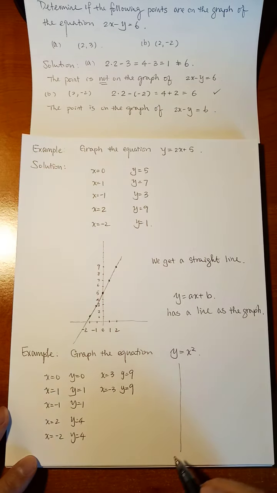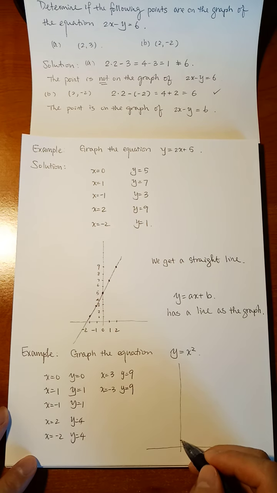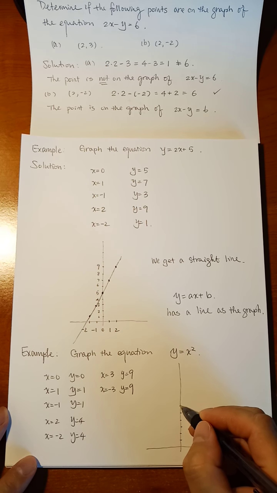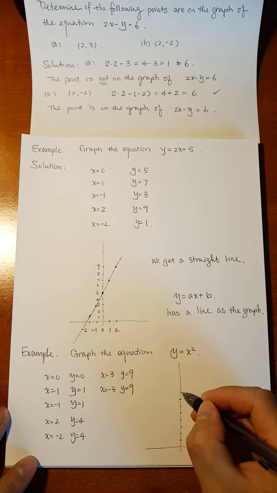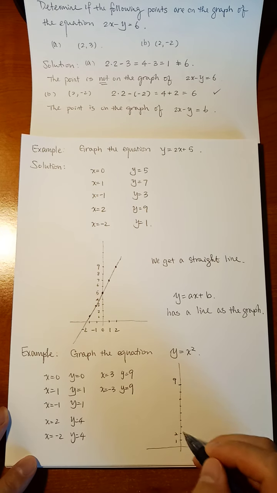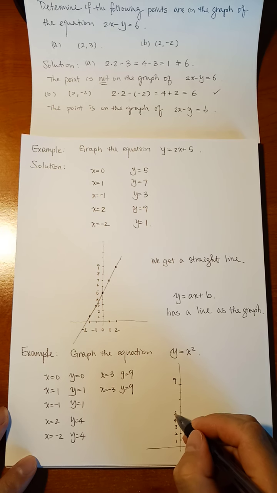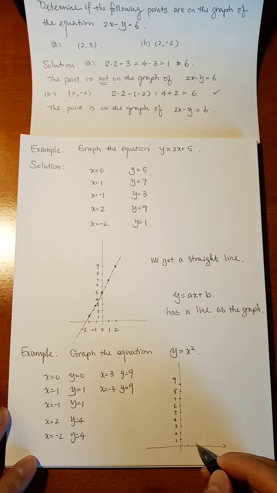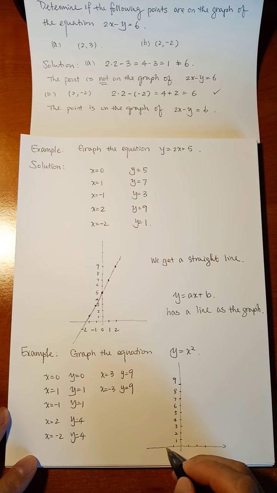It's too high, so let's just use 9. This is 9. 1, 2, and 3. Negative 1, negative 2, negative 3.